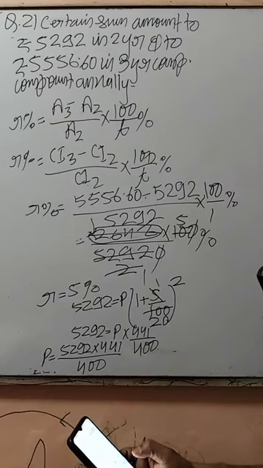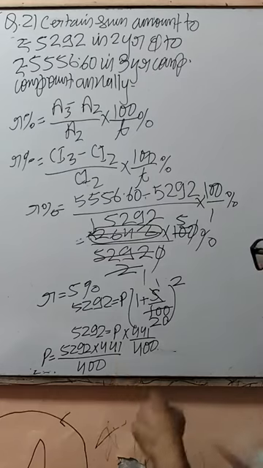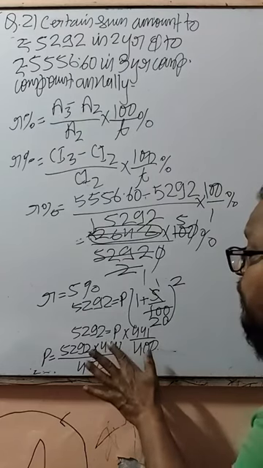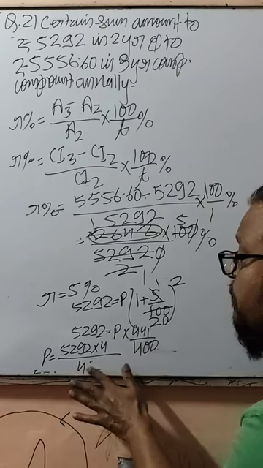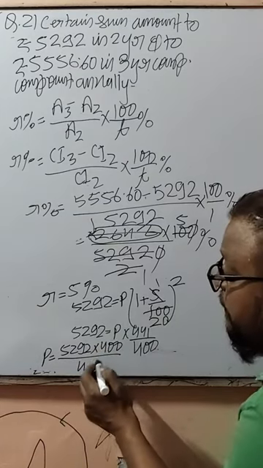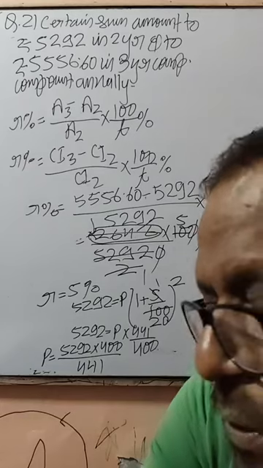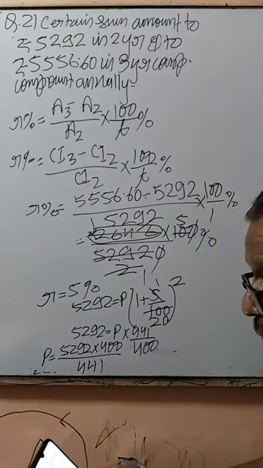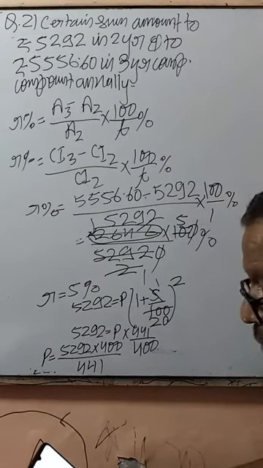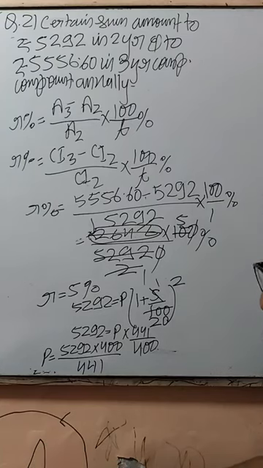Cross multiplication will take place now, so 400 will come here and 441 will go here. So this is 5292 divided by 441, which is 12.